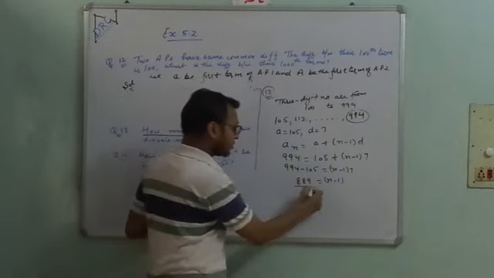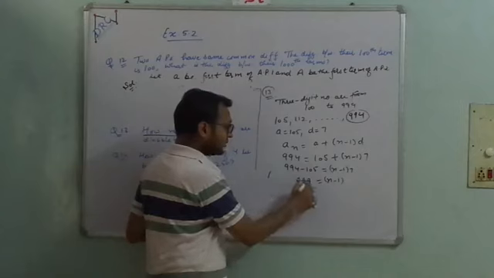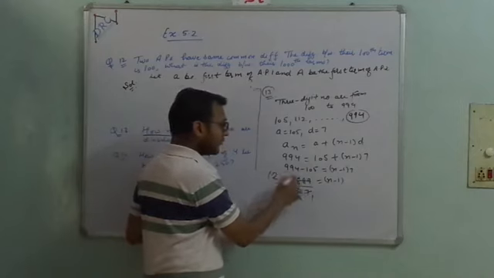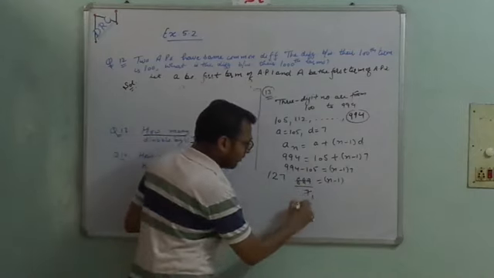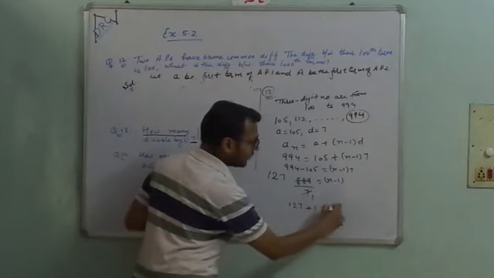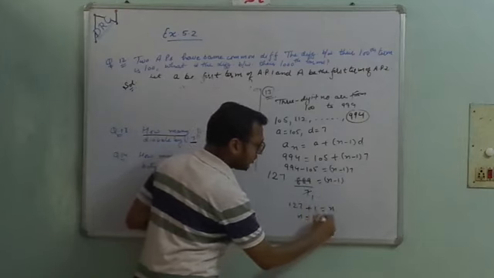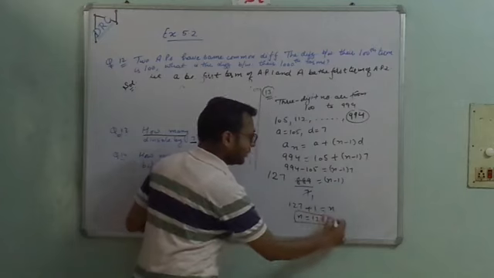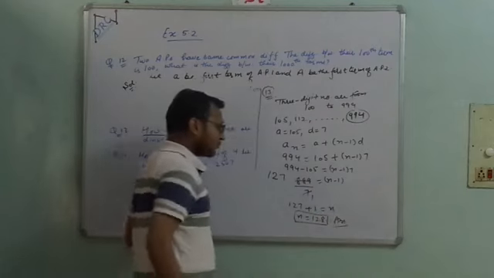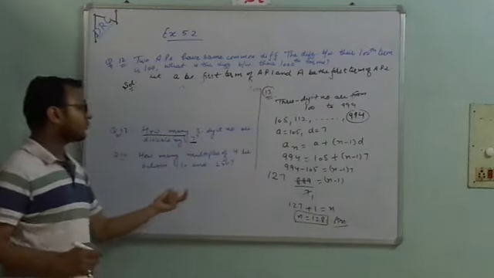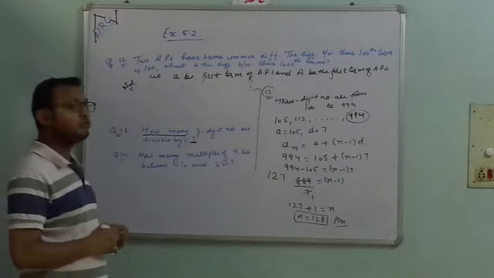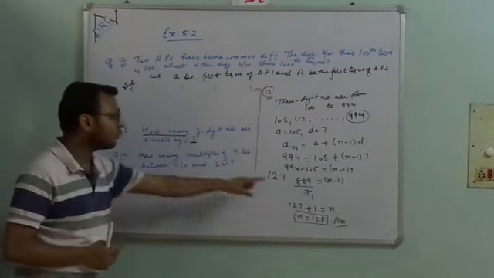Now cancel it. 127 is left. So 127 is n minus 1. Now plus 1. So I will get n is equal to 128. So we can say that the total number of 3-digit numbers which are divisible by 7 is 128.